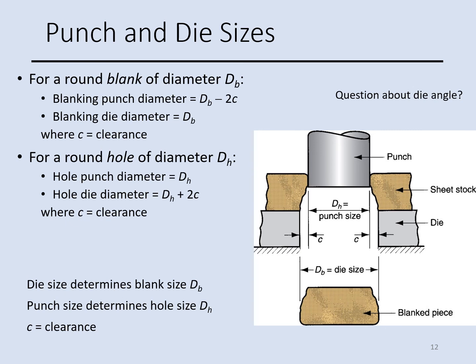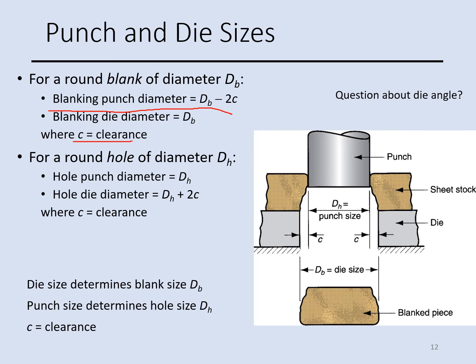So as you see here in this equation, blanking punch diameter has to be equal to dB minus 2c. dB is the die size, the diameter of the die, and c is the clearance.